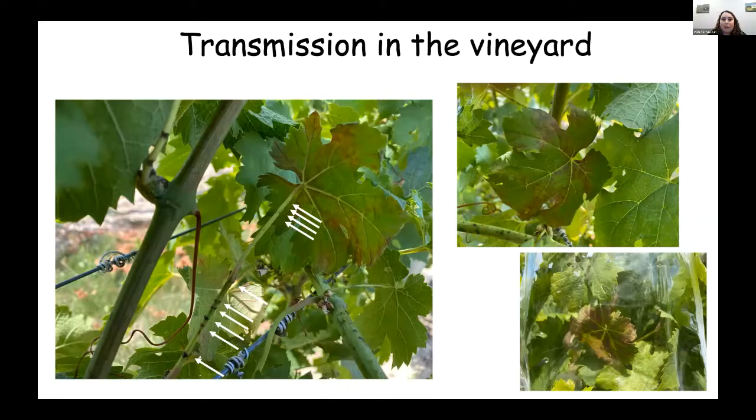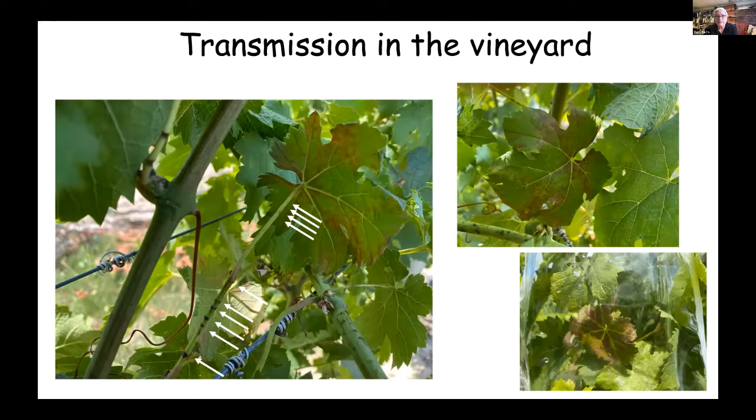Got it. Can budding over substantially reduce virus? You mean top grafting? The question is, can budding over substantially reduce the virus? So that'd be like chip budding, like field grafting.